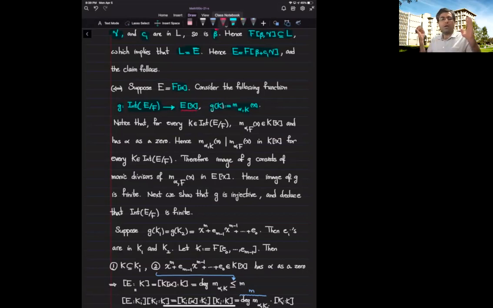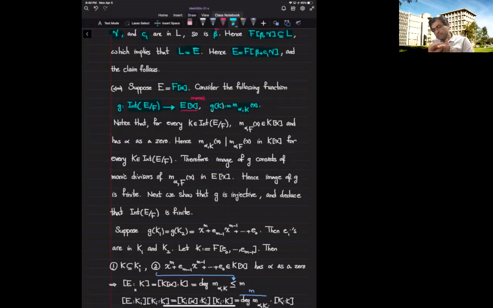So now I'm giving you a function G from the set of intermediate subfields of E over F to the set of monic polynomials in E bracket X. Now, the key property of this function is the following. This function has two key properties.